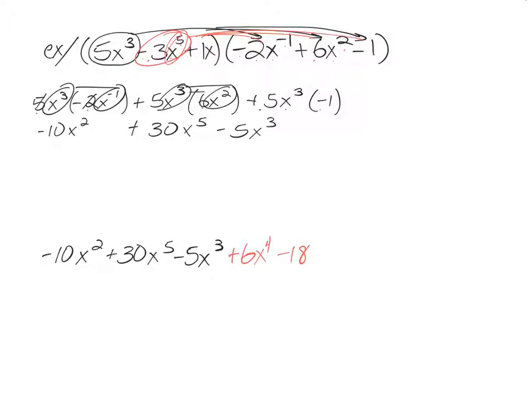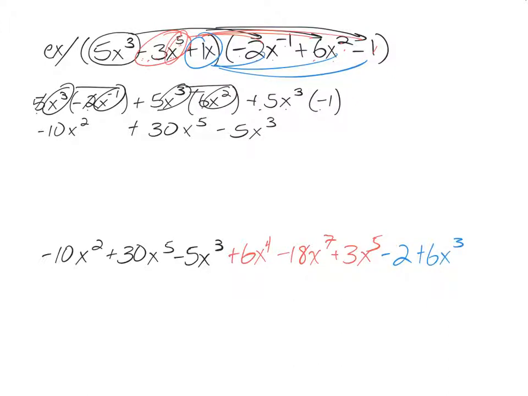Right? Negative 3 times 6. And add the exponents of the x's together. 5 and 2 make 7. And then I need to take negative 3x to the fifth one last time and multiply it to negative 1 to get positive 3x to the fifth.